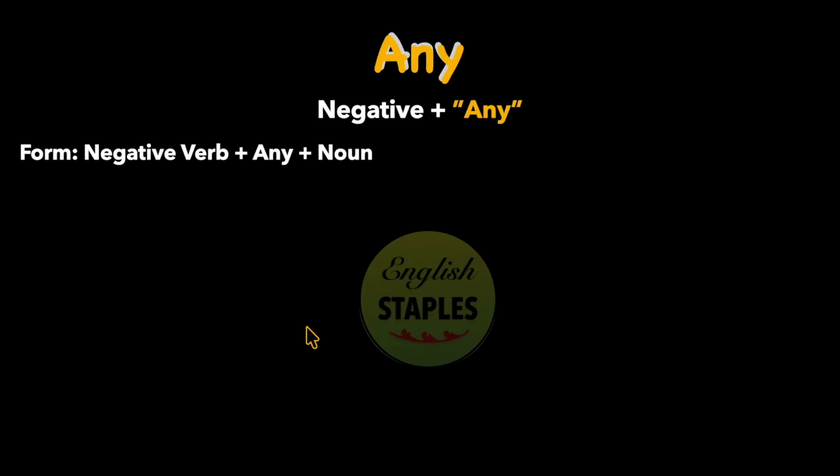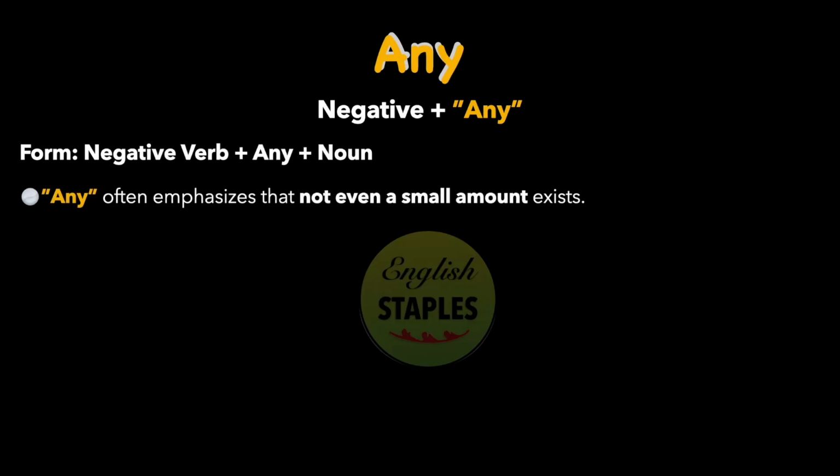Negative plus any. Any often emphasizes that not even a small amount exists. Any always emphasizes that. We've seen that from the beginning of the lesson. Not even a small amount.